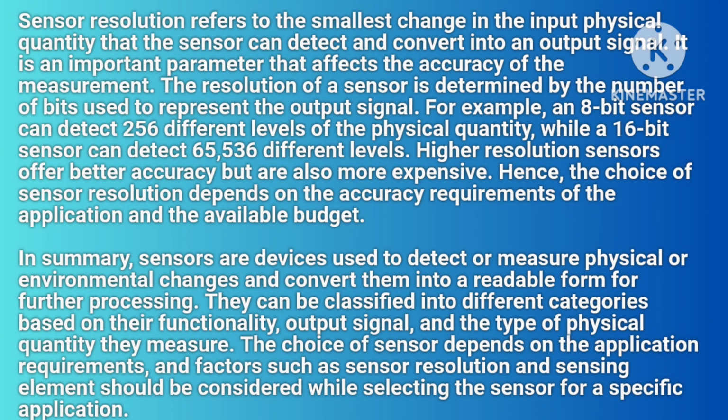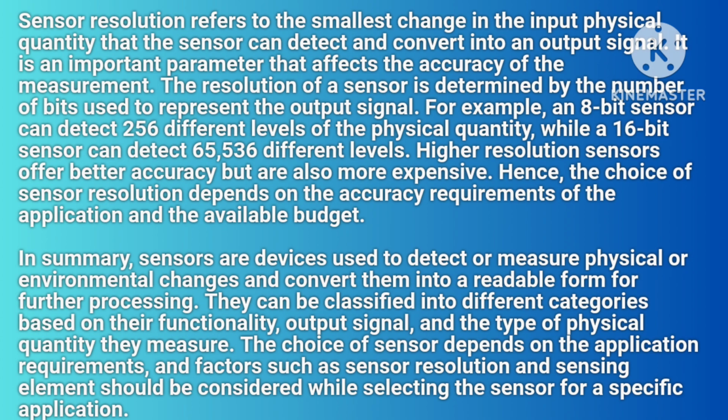Sensor resolution refers to the smallest change in the input physical quantity that the sensor can detect and convert into an output signal. It is an important parameter that affects the accuracy of the measurement. The resolution of a sensor is determined by the number of bits used to represent the output signal.